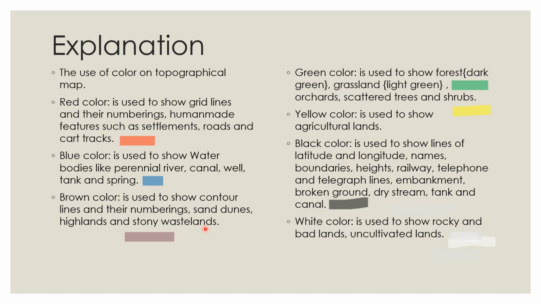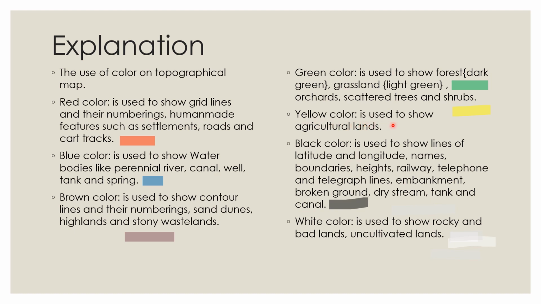Sometimes contour lines are shown in other specific colors too, depending upon the map. Green color is used to show forest. For forest, dark green color is used. For grasslands, light green color is used. Orchards, scattered trees, and shrubs are also shown in green color.